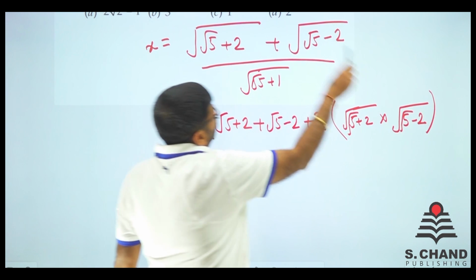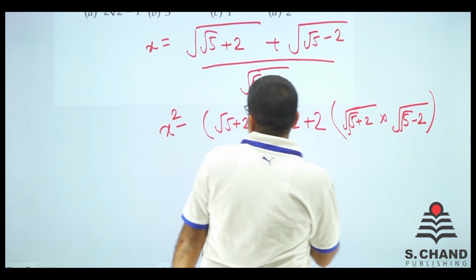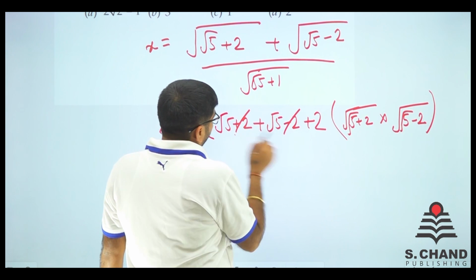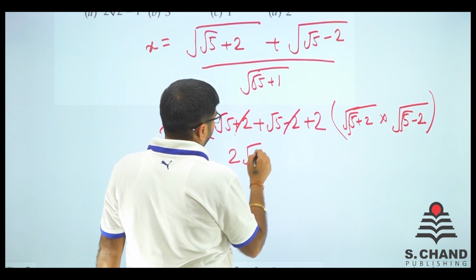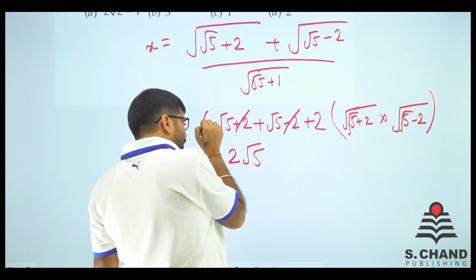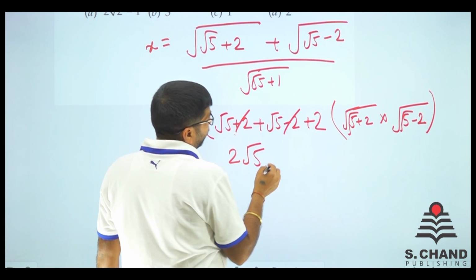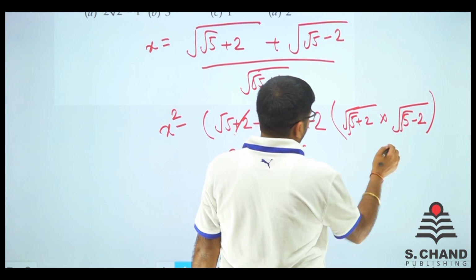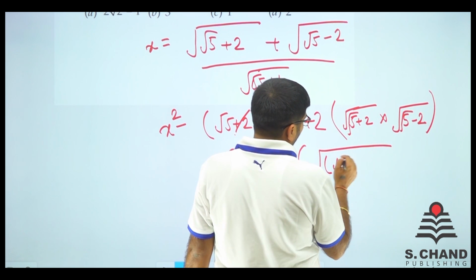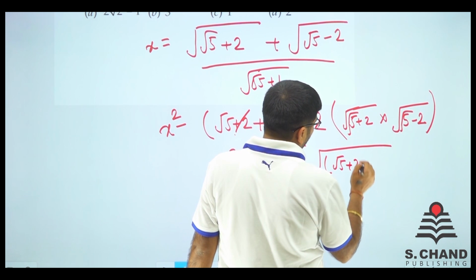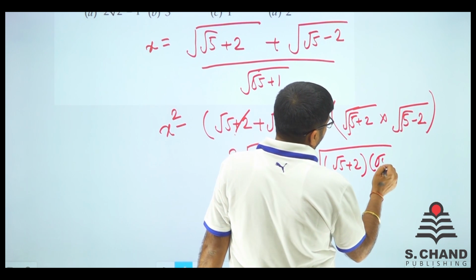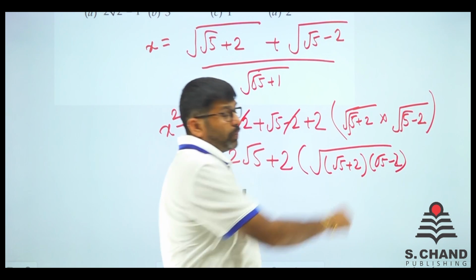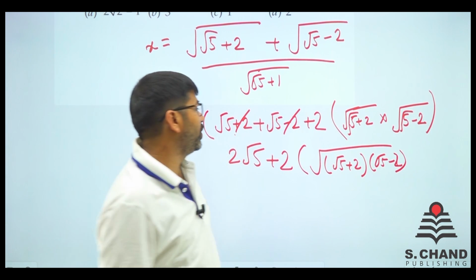Just add the first two: plus 2 and minus 2 are gone, so it becomes 2 root 5. Then plus 2 into, now this is multiplied, root 5 plus 2 into root 5 minus 2. If you remember, (a plus b)(a minus b) is a square minus b square.